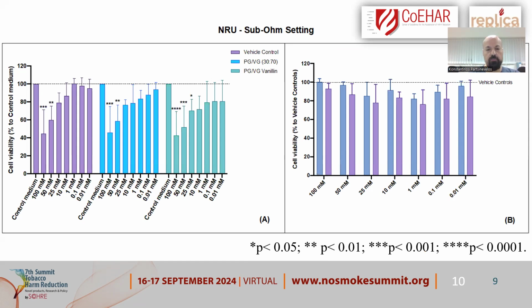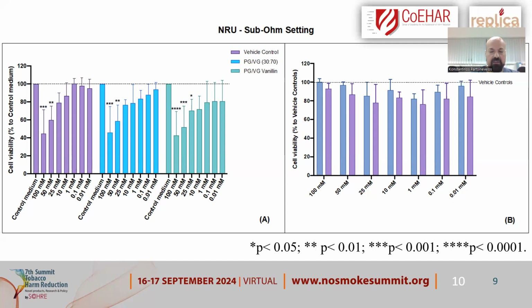NRU using the supra-ohm setting. On the left, we can see that there is a significant decrease of cell viability after exposure to 100 millimolar and 50 millimolar of vehicle control PGVG and PGVG with vanillin, but also at 25 millimolar of PGVG with vanillin compared to control medium.